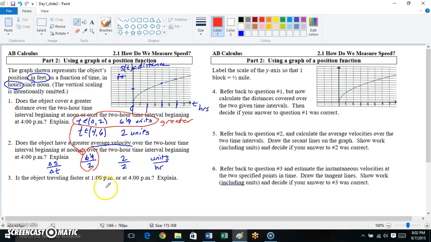This is actually asking us at a specific time. Right? We're not trying to take a look at an average velocity, we're trying to take a look at an instantaneous velocity.